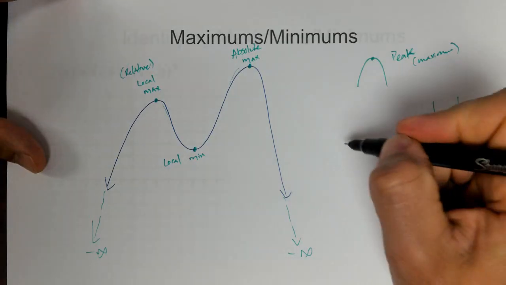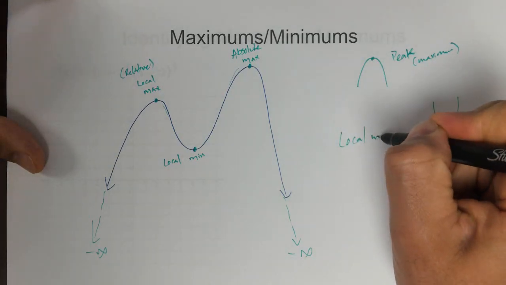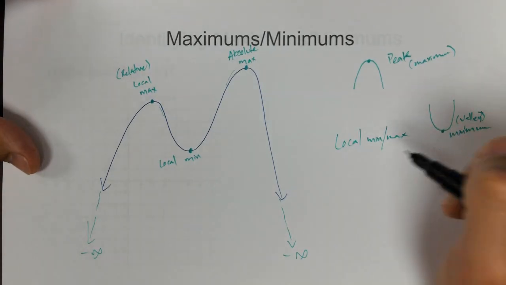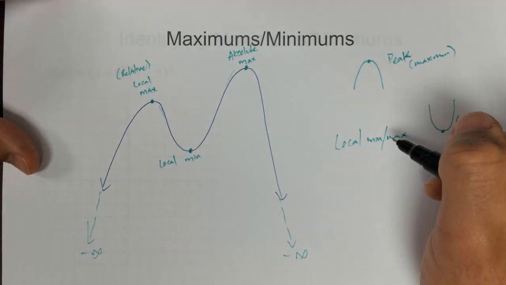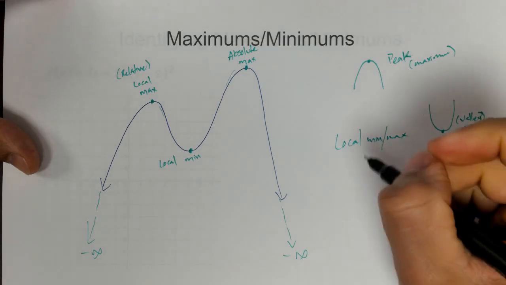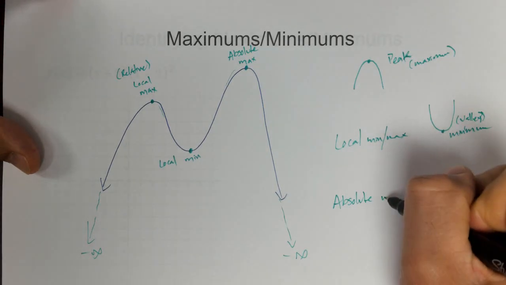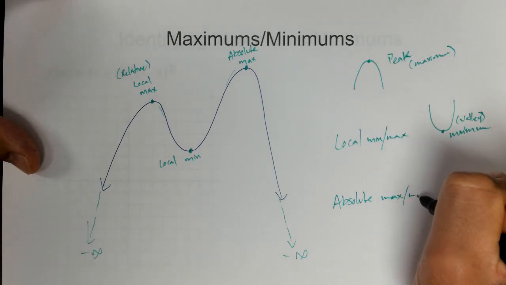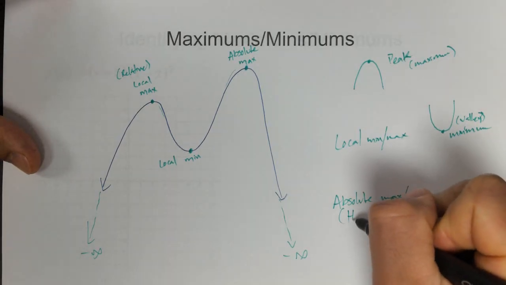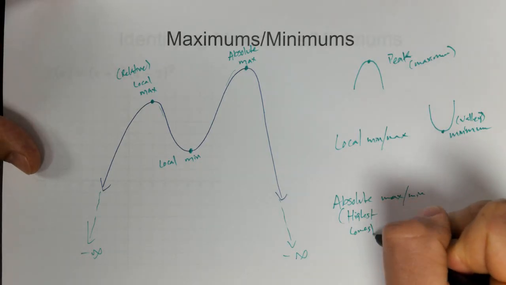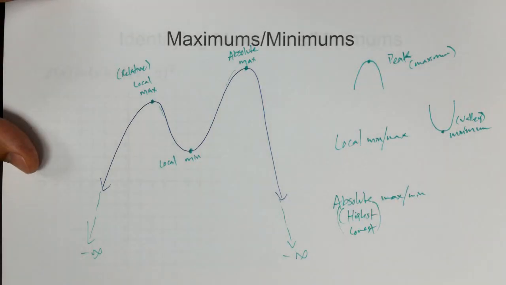So we use local minimum and maximum when it's a maximum or a minimum on the graph. But we use the word absolute maximum and minimum when it is the highest or lowest of all the points on the graph.